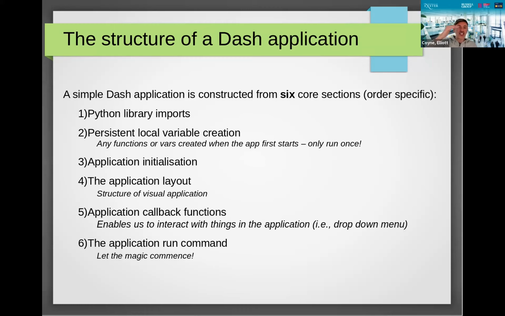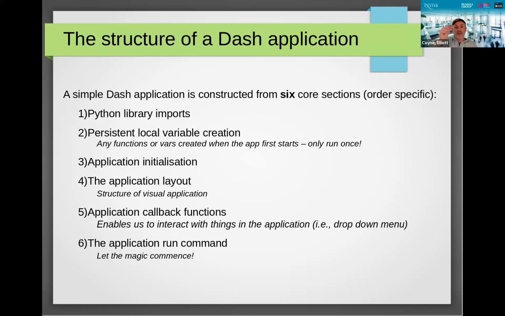We then initialize the application, and then we consider the application layout. Now this is not static, because when we go on to the next stage, stage 5, if relevant, you may want some interactive elements, such as a drop down or a slider that is going to change some of the parameters and re-render the graph. You will change it in the callback function, which relies on Python user-defined functions.